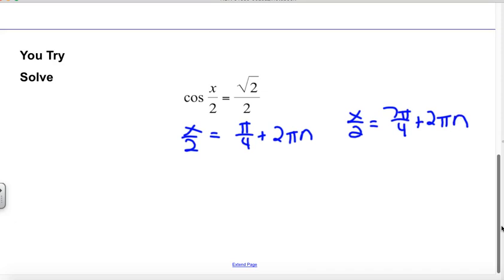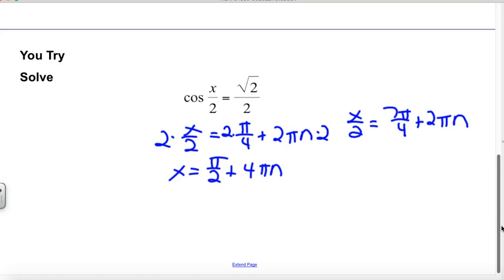Now to get rid of the divide by 2, same thing I did in the last part, I'm going to times 2. Over here I times 2, and over here I get a times 2. So x is going to equal 2 over 4, which is 1 over 2, so pi over 2 plus 4 pi n.